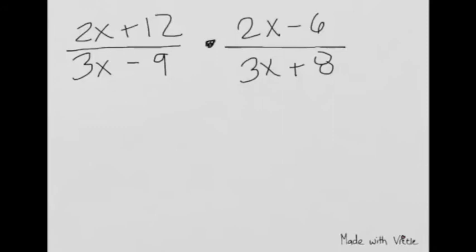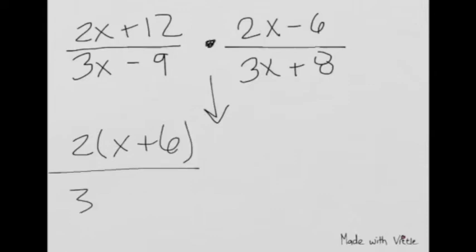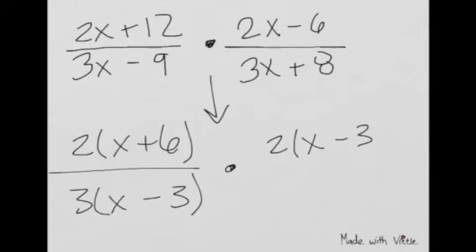Now we have 2x plus 12 over 3x minus 9 times 2x minus 6 over 3x plus 8. For this problem, we can't simplify it like we did many others, so instead we have to do it like this. 2 times x plus 6 over 3 times x minus 3 times 2 times x minus 3 over 3x plus 8, because that part can't be simplified.